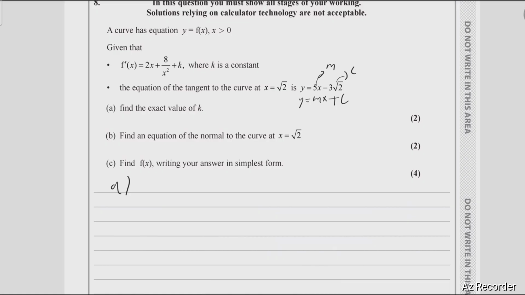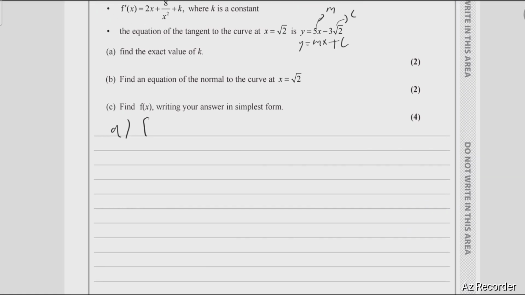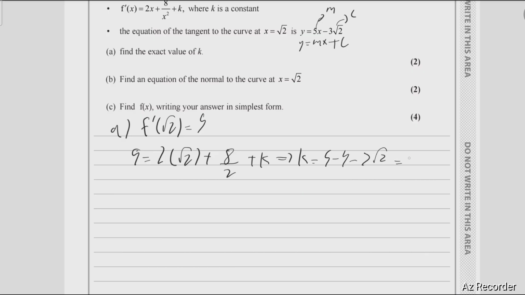So we already have the f prime. So f prime of root 2 must be equal to 5. So 5 equals 2 times root 2 plus 8 over root 2 squared, which is just 2, plus k. So k equals 5 minus 4 minus 2 root 2, which is 1 minus 2 root 2. That's question A.